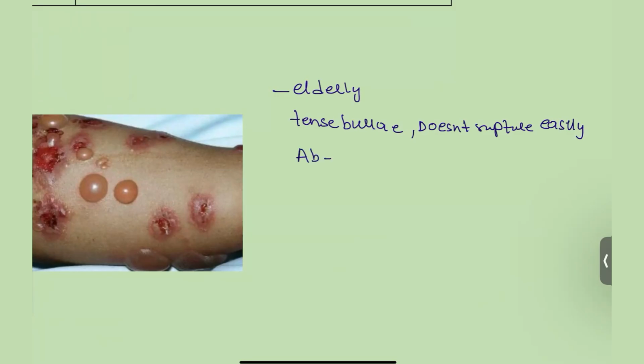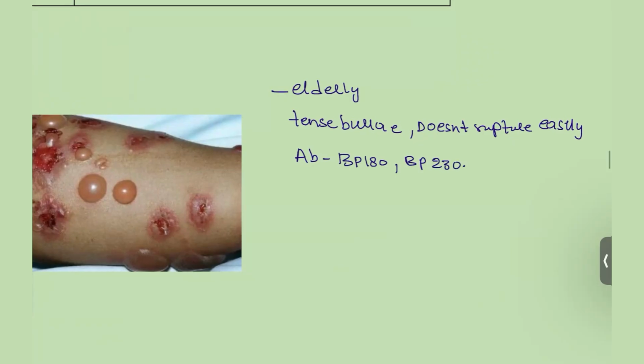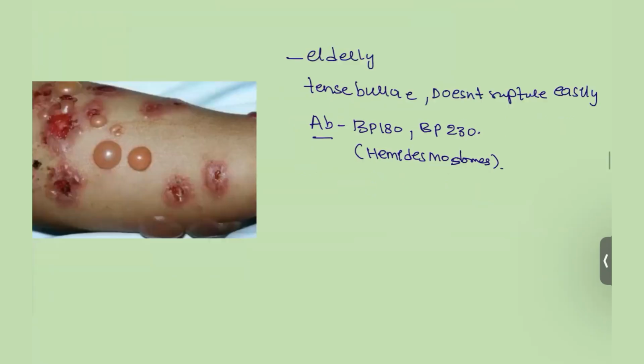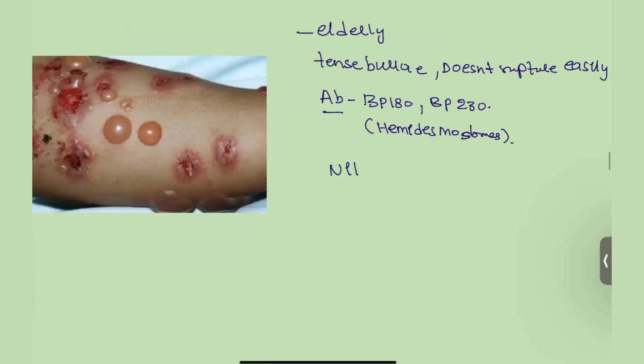The antibodies target BP180 and BP230, which are present in the hemidesmosomes. Another feature you can remember: the Nikolsky sign is negative in this patient.